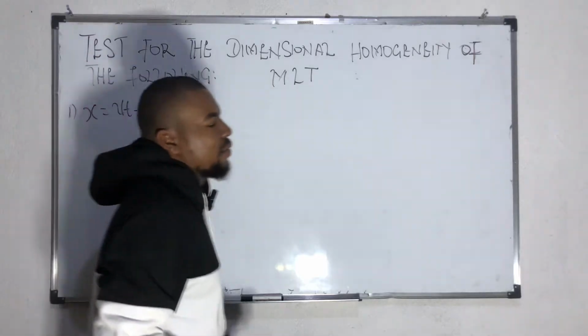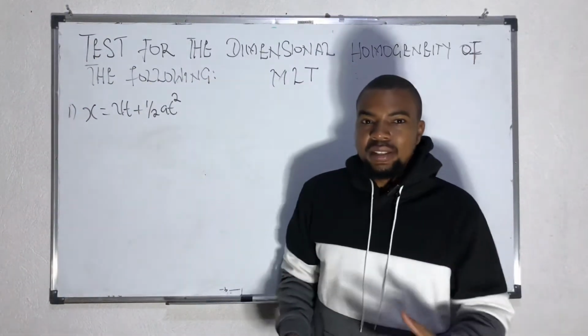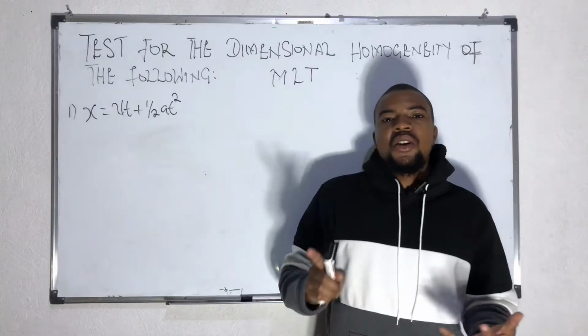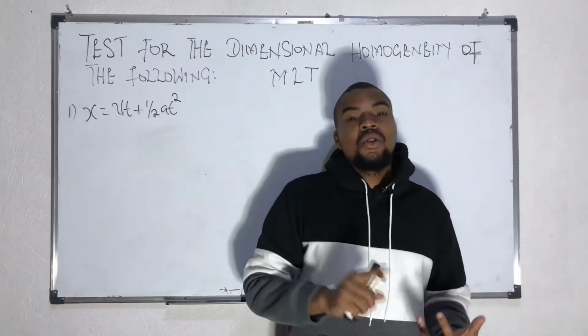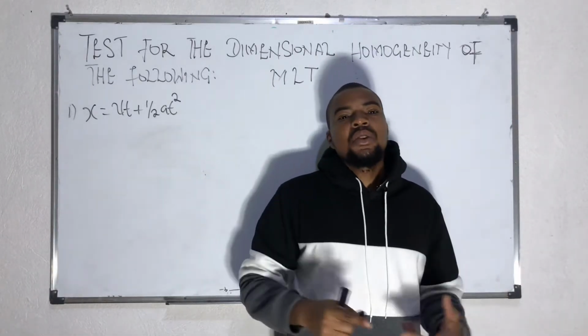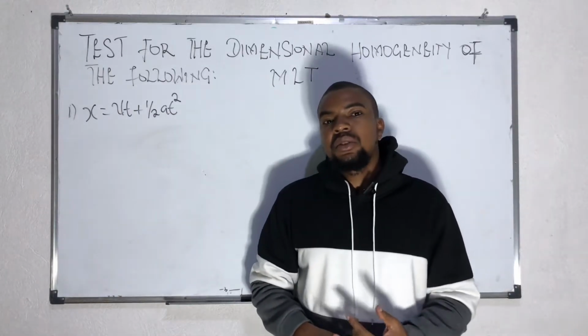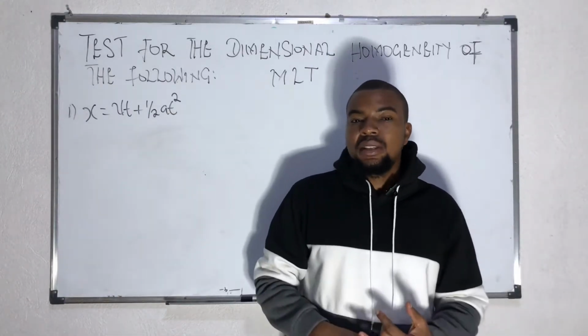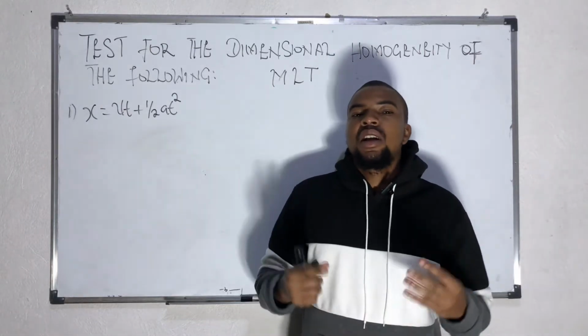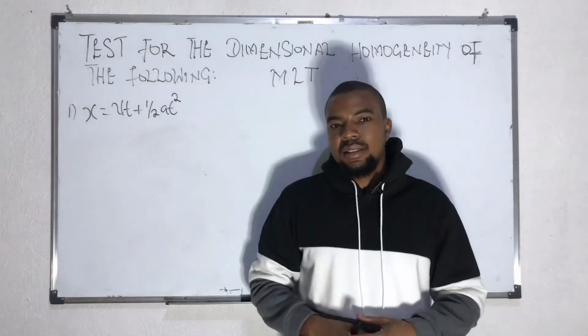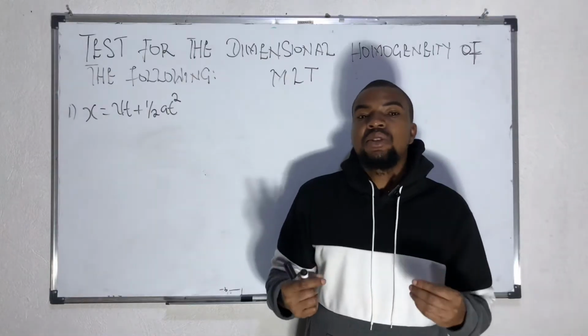You know that we have 7 fundamental quantities. The first one is mass, followed by length, followed by time. The next one is electric current, followed by temperature. The next one is amount of substance. And lastly, we have luminous intensity. These are the 7 fundamental quantities.